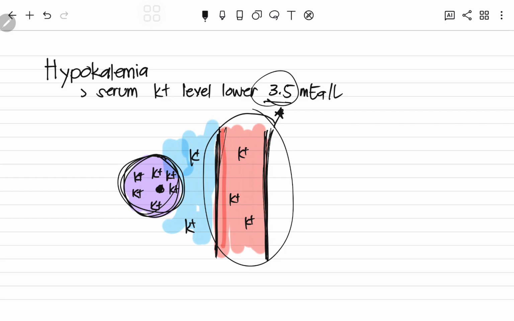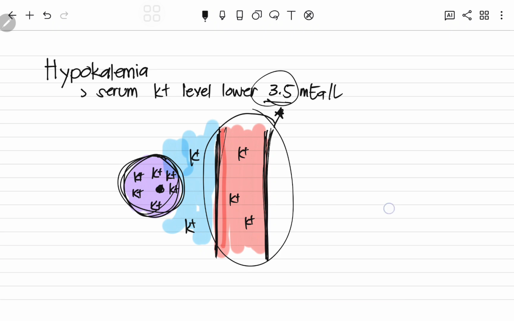Okay, so this is an eye opener, and perhaps one of the things that have just settled all the questions and entanglement that we may be having in our minds. So again, serum potassium of lower than 3.5 milliequivalent per liter. So the condition now is hypokalemia.